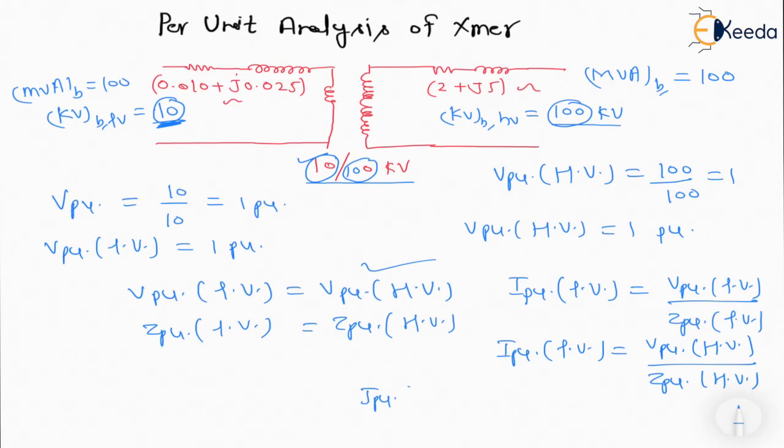So I pu referred to LV is equal to I pu of HV. So what we got: first point, Z pu referred to LV side is equal to Z pu referred to HV side. Second point, the voltage in per unit will be the same for LV and HV side. Same for current, I pu of LV will be equal to I pu of HV. So here it is all about the per unit analysis of transformer. Thank you.